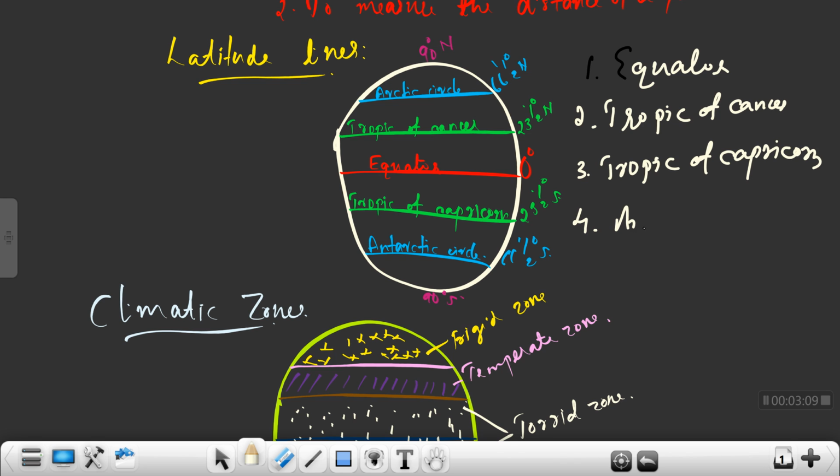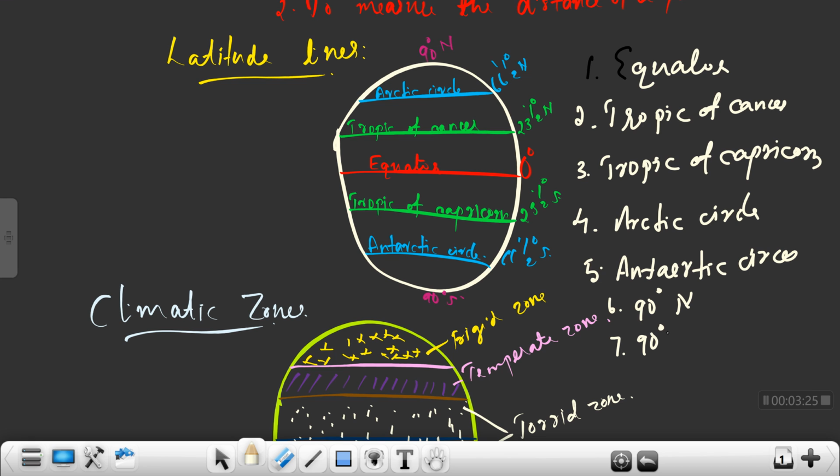Fourth one, Arctic Circle. Fifth one, Antarctic Circle. And 90 degree North Pole and 90 degree South Pole. These are the important latitude lines.